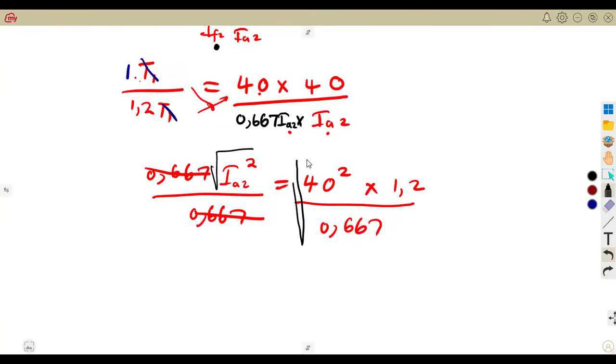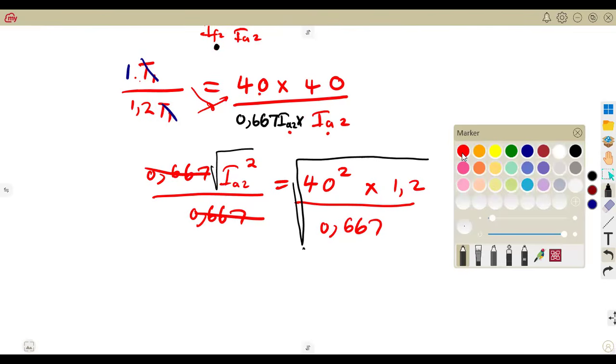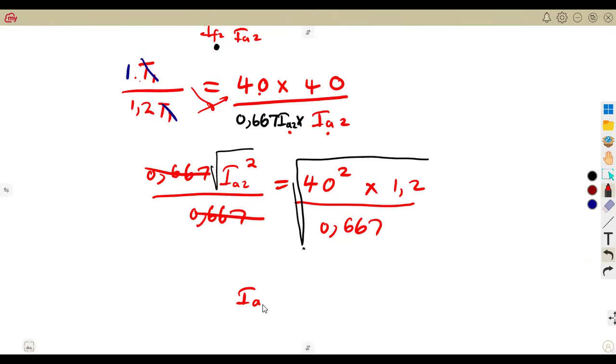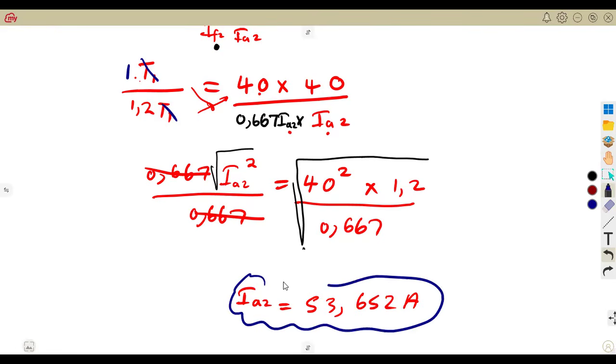Introduce the square root covering up everything there, and you are going to obtain the armature current now. So you see, guys, how you play around with these techniques. One is missing, you do it like that. So the armature current was going to be 53.652 amperes.